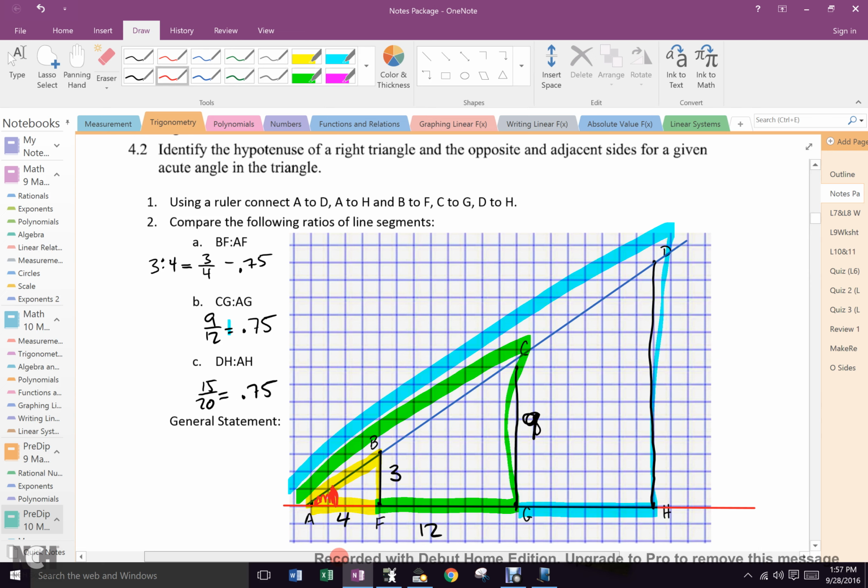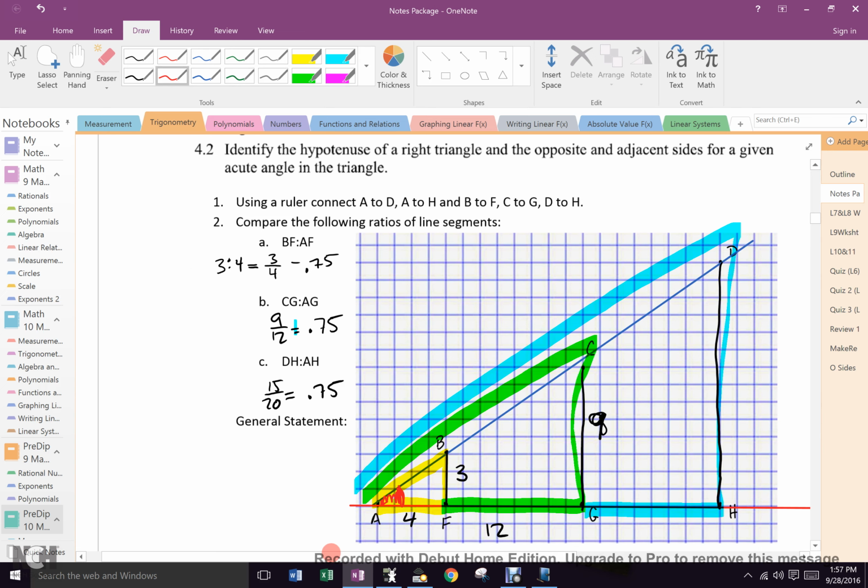All right. So our general statement is, regardless of side length, the ratios between sides stays the same.